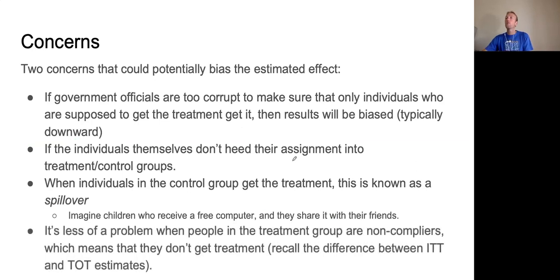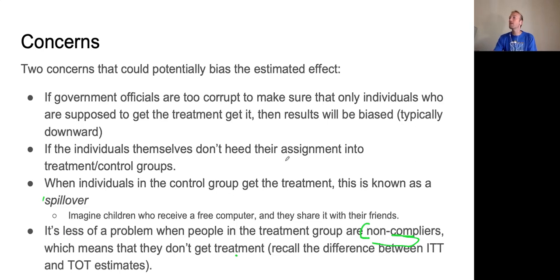All right. So it's less of a problem, though, when people in the treatment group are non-compliers, which means that they don't get treatment. So the opposite of a spillover. A spillover is somebody in the control group getting something they shouldn't. A non-complier means somebody who's supposed to get something, people in the treatment group, but for some reason they don't, okay? And why is this not a problem?